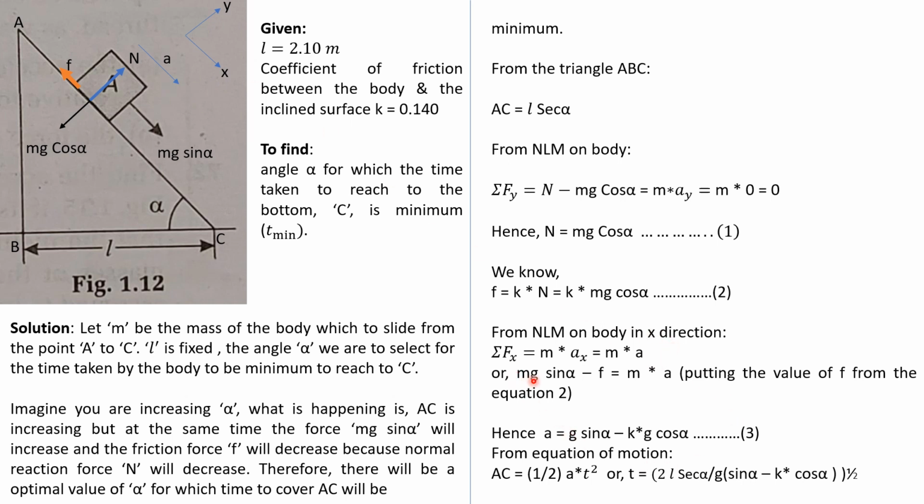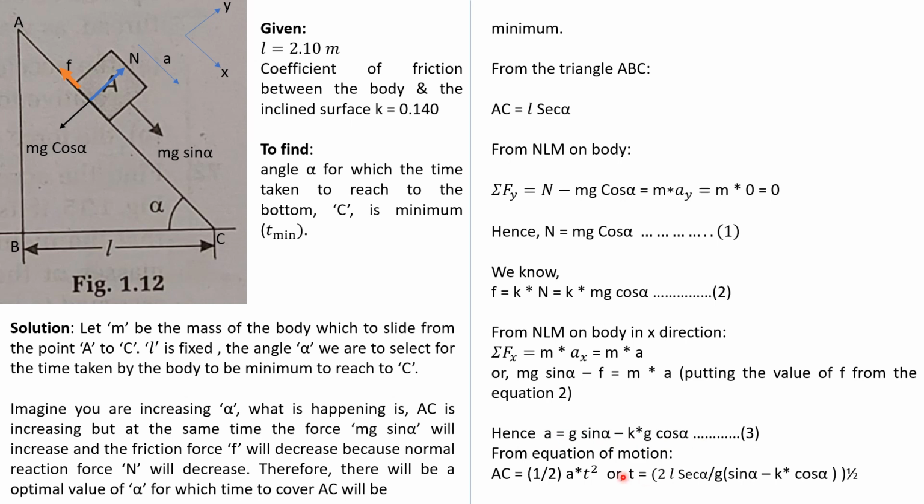Which forces are acting in the x direction? One is mg sine alpha, and one is the friction force. The friction force is opposite to the mg sine alpha direction, so minus f is equal to m into a. So acceleration is g sine alpha minus k into g cos alpha. This is the number 3 equation you obtained.